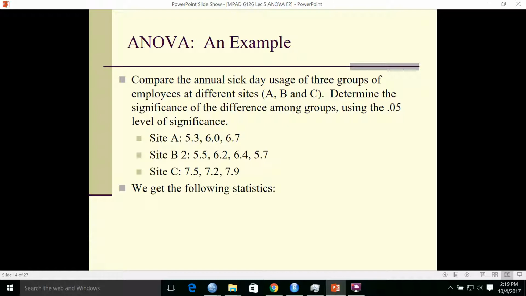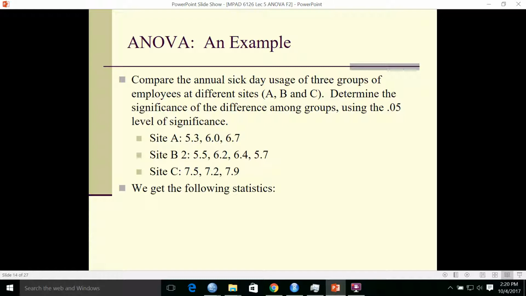And you want to see, maybe the 3 different departments have 2 different types of sick leave policies that have been randomly assigned to the departments, and the number of days would be maybe the number of sick days in a month for each one of those.